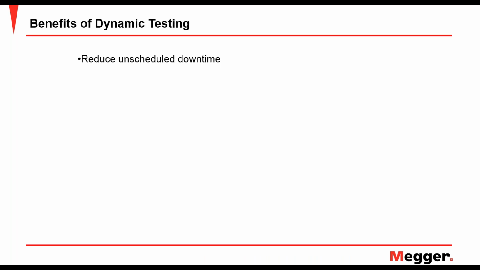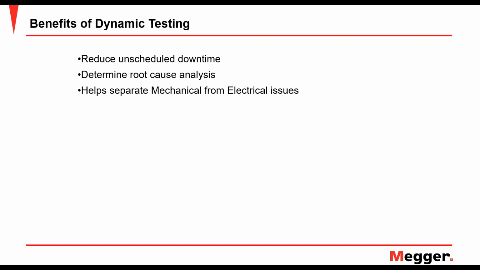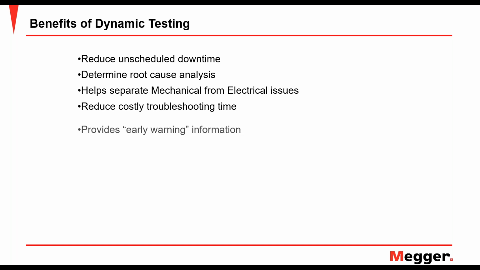So benefits of dynamic testing: reduced unscheduled downtime, helps determine the root cause of analysis, helps separate mechanical and electrical issues. Again, reduce that costly troubleshooting time, provides early warning. You can see if you're starting to get issues in, let's say, rotor bars, it will show up as an early warning.